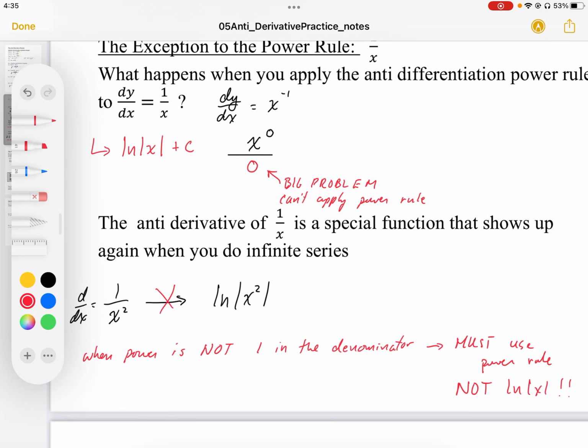So it's important to apply log when we have the power 1 in the denominator, but the reverse is also just as important. Do not apply the log when the power is not 1. Okay, we apply power rule in this case. So the example I gave was power squared in the denominator. We do not, this is wrong. We do not use a log in this case.